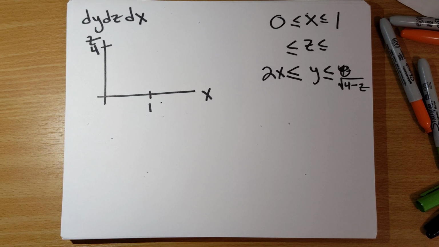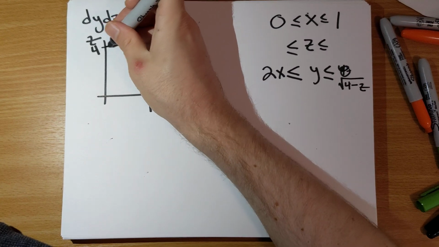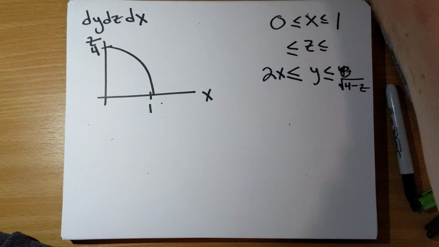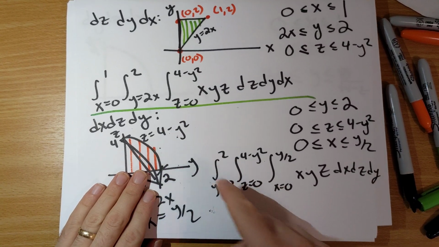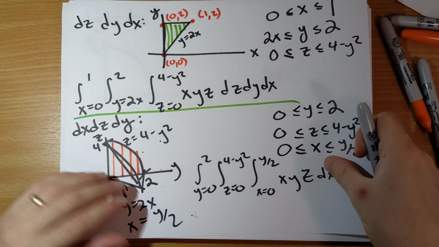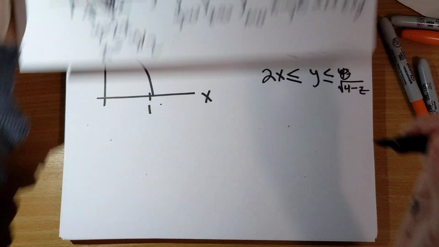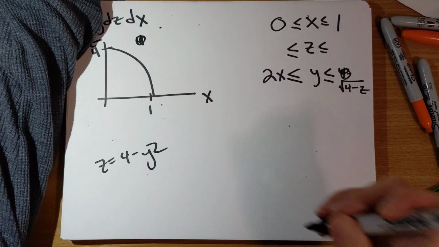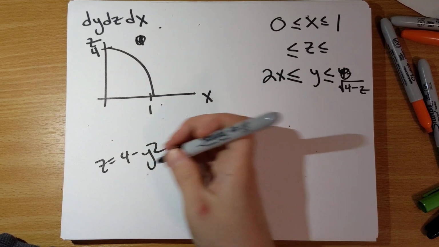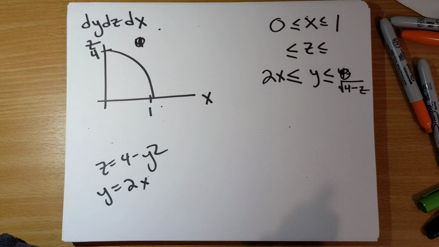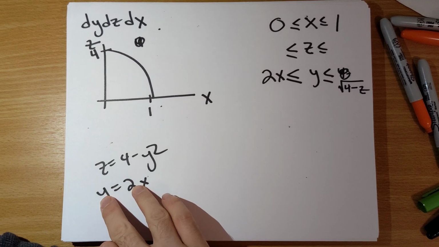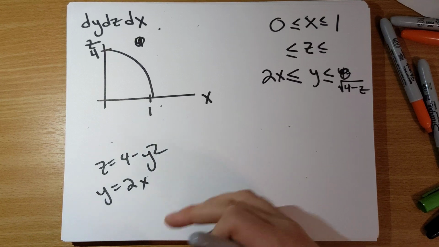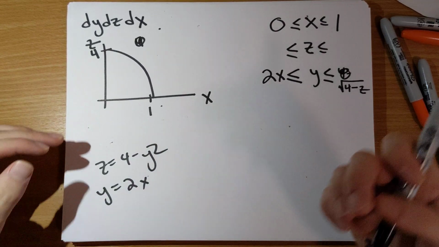Okay, so now what is this curve going to be? Well, this curve right here should be coming from z is equal to 4 minus y squared, but it's also coming from y is equal to 2x. So substituting y is equal to 2x into z is equal to 4 minus y squared, we're looking at the intersection of these two surfaces.